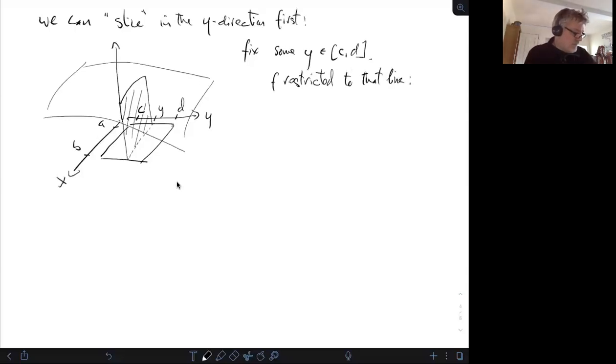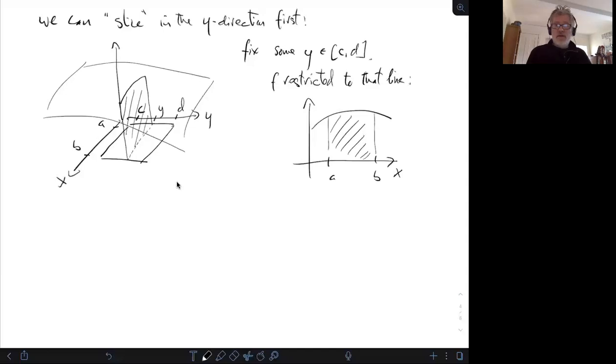So now I'm getting a function of x, where you get a and b like this, and I'm interested in this area under the graph of this function.